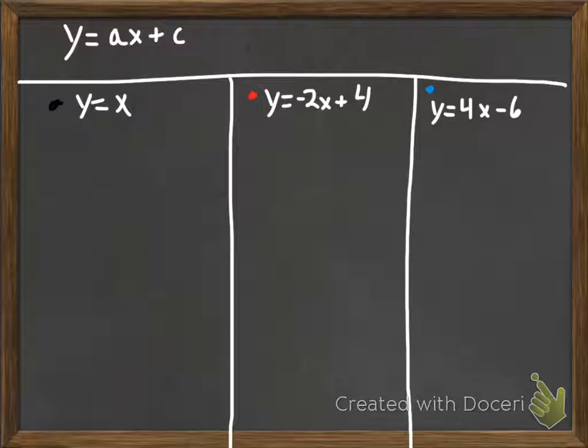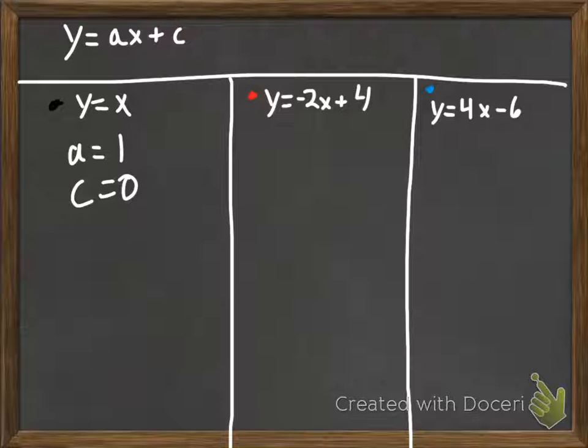Okay, finally, we're going to have some here where we're actually manipulating a and c at the same time. So I'm going to do the red one with you, and then I'll leave you to do the blue one on your own. So we have our y equals x as our baseline. So that's a is 1, c is 0, as you know from the previous 2 examples, or 4 examples actually.